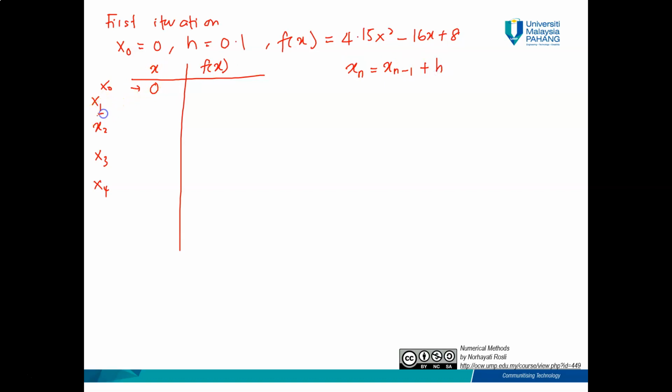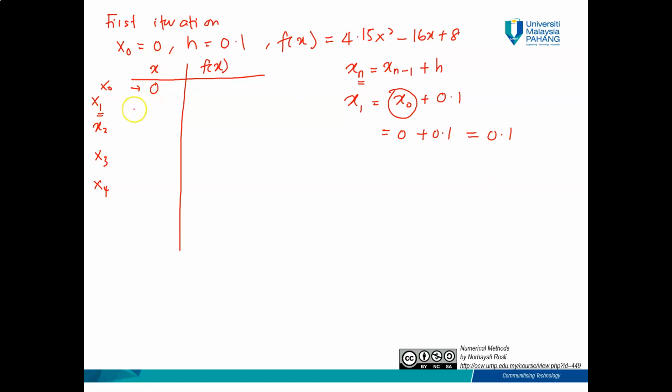If we want to compute x1, it means n equals 1. So x1 equals x0 plus h. x0 is given as the first value, which is 0, so 0 plus 0.1 gives 0.1.